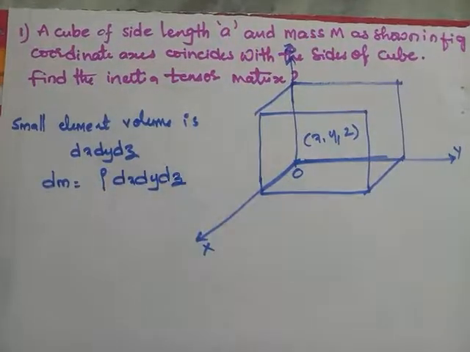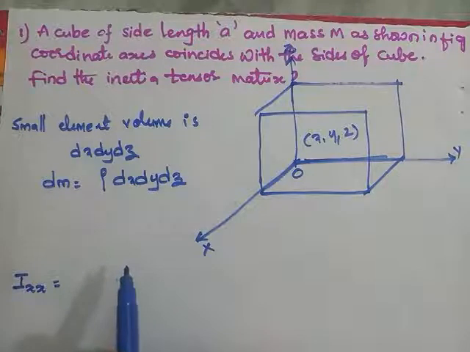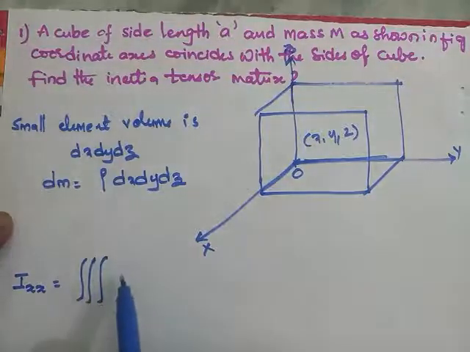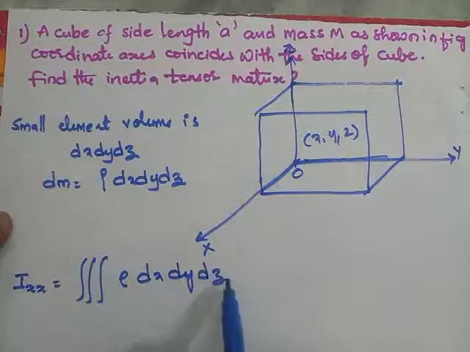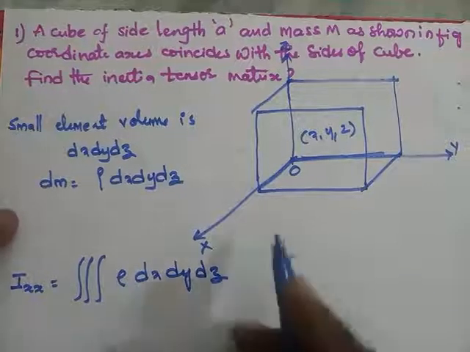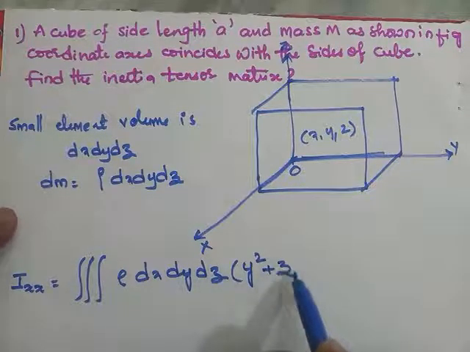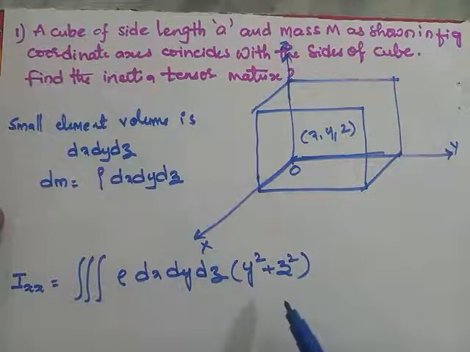Now the total inertia along the x direction can be written as, the formula is like this: Ixx is equal to the triple integral of rho into dx dy dz into y square plus z square.